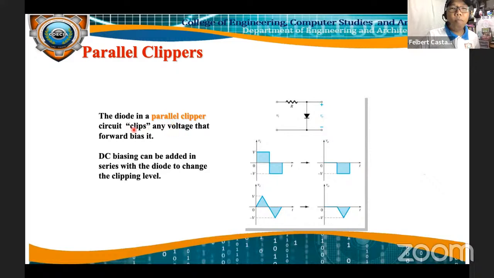Same lang, kiniklip niya yung voltage na nakakapag-forward bias sa diode. Sa condition na to, naka-forward bias si diode during the positive half cycle, kaya i-clip niya yung positive half cycle. That's the idea. Nakuha po ba? Ito yung connection na during the positive alternation, naka-forward bias si diode, kaya ang tendency is i-clip niya yung positive half cycle.